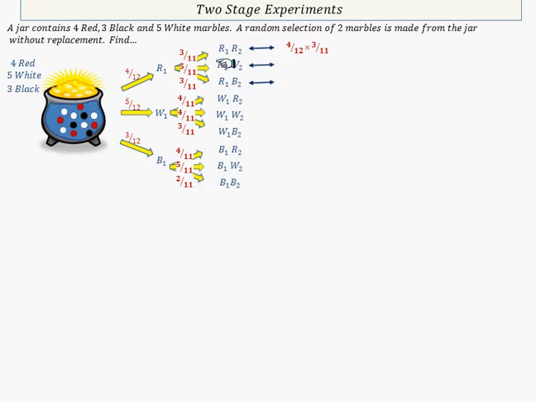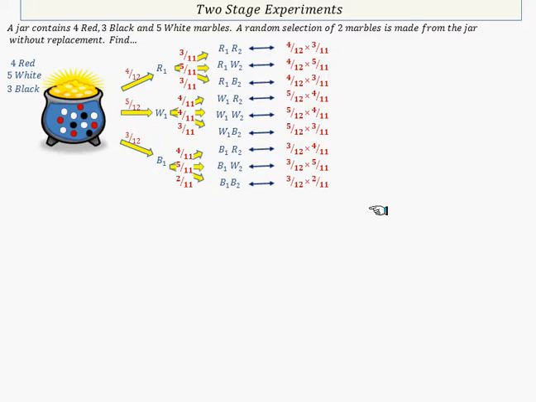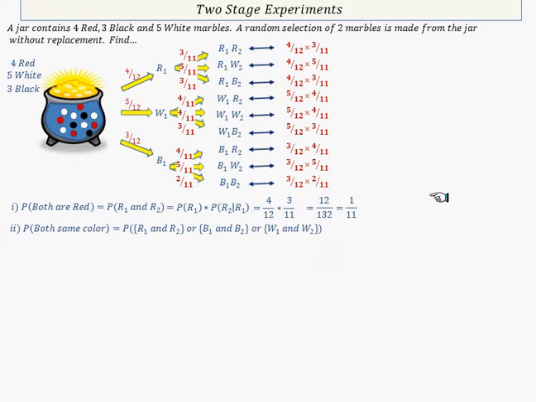Now, the probability of red 1 and red 2 is just the product of the numbers coming out in this branch of this tree diagram. And pause the screen at any time and make sure these are correct. Black, red, 3/12, 4/11. Now both are red, that's this event up here, so we're coming out this top branch, applying the rules of probability.